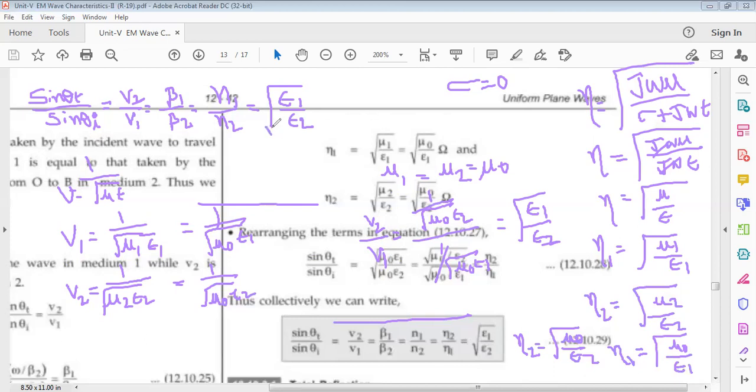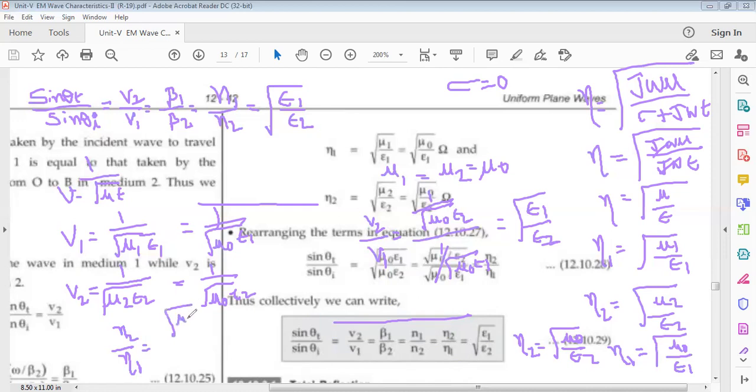So we know the under root of epsilon 1 by epsilon 2, or otherwise sine theta t by sine theta i is equal to under root of mu naught epsilon 1 by mu naught epsilon 2. You can write this as eta 2 by eta 1. Now the ratio between eta 2 by eta 1: what is eta 2?